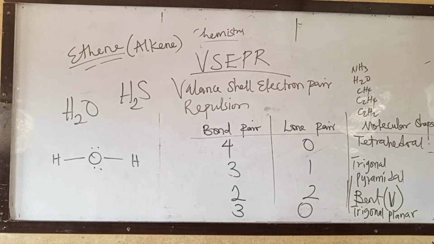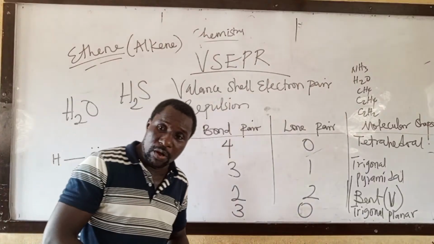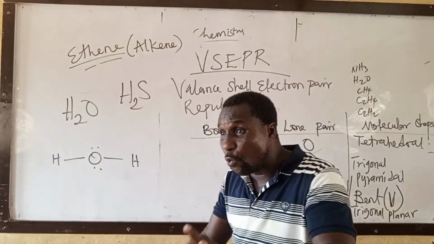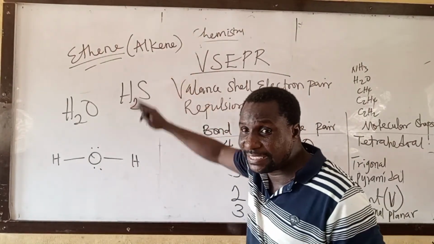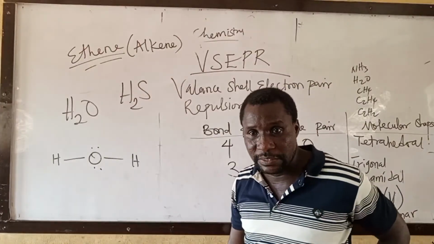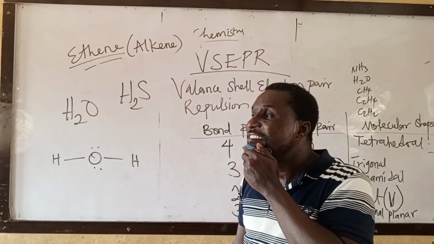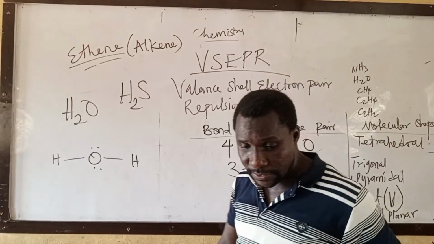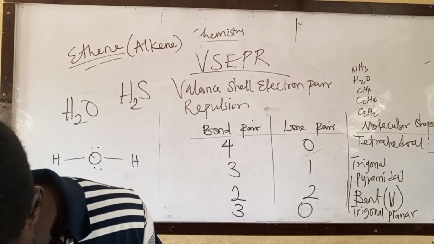We have so many examples for this in advanced level: we have SO3, we have boron trifluoride. But in O level, it's only one example, which is ethene. Just ethene. Take note.